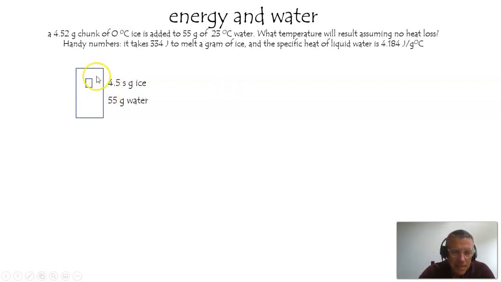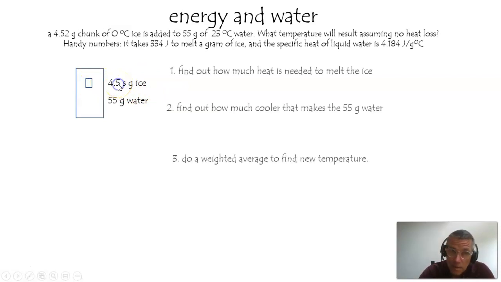Well, it's not just a matter of a little bit of this and a little bit of that. If it was 4.5 grams of water at a different temperature, I'd just do a weighted average. But first, you've got to melt that stuff, which takes 334 joules per gram. So let's see how many joules it takes to melt 4.5 grams, which should just be 334 times 4.5.